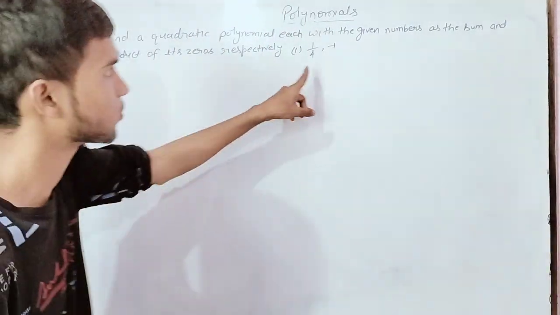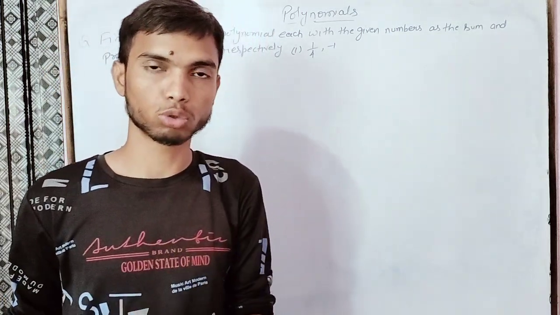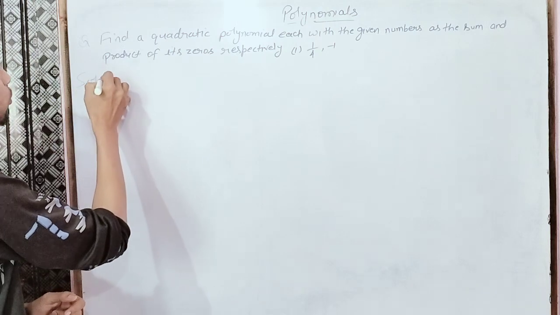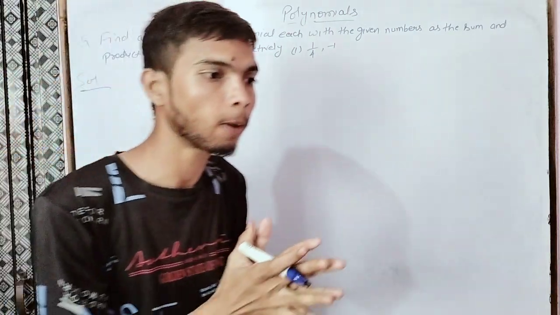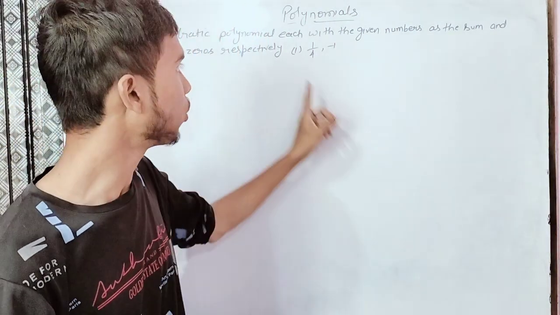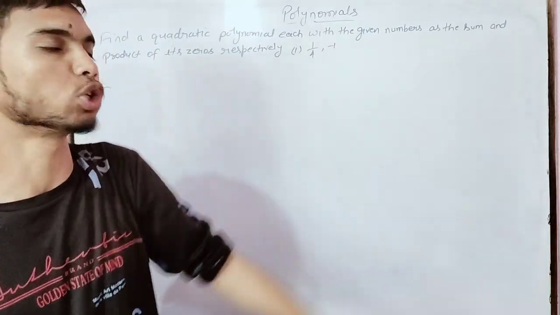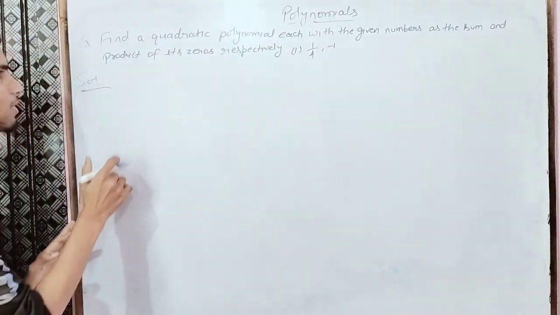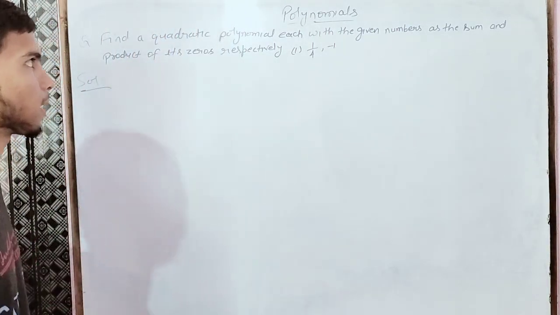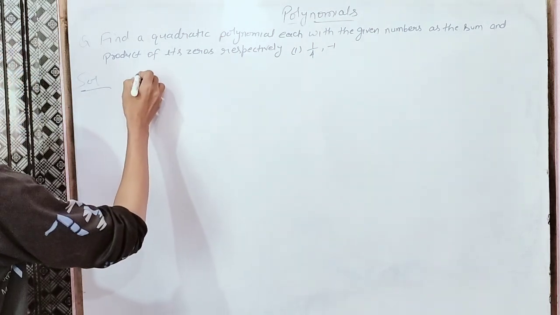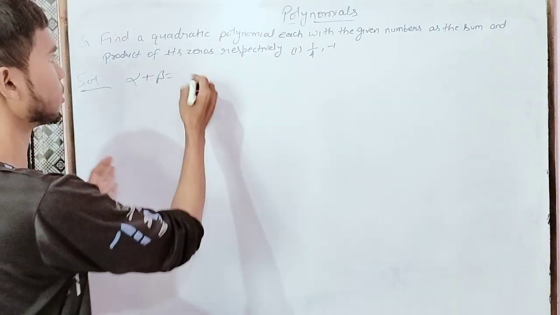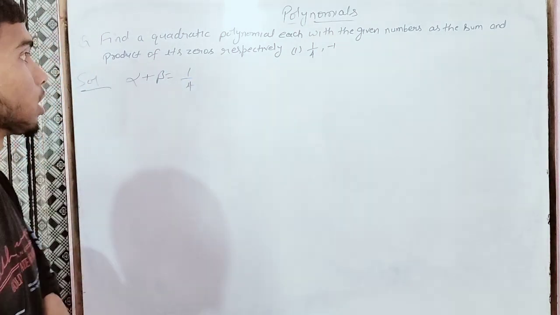So first is what sum of two zeros. Sum of two zero is 1 upon 4. So we are finding what a quadratic polynomial of given this two zeros. So how to find? Of course, whatever you know, you can apply here, but logically. So here sum of two zeros is how much is given, which is 1 upon 4.